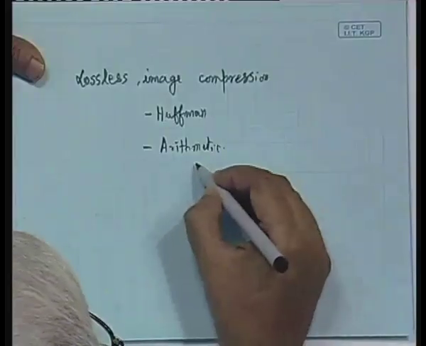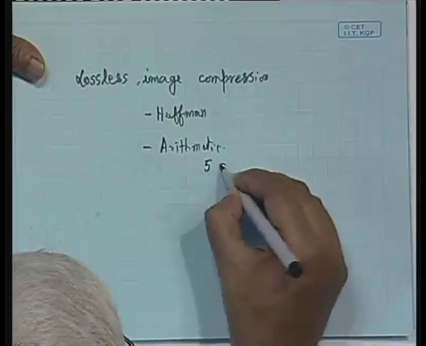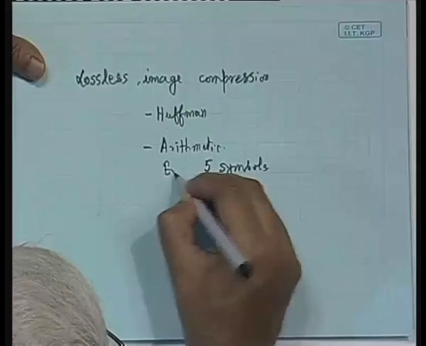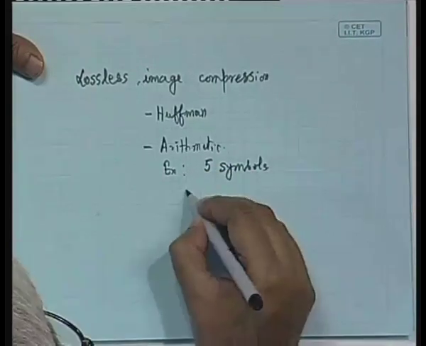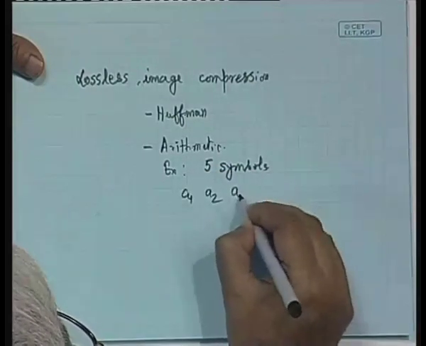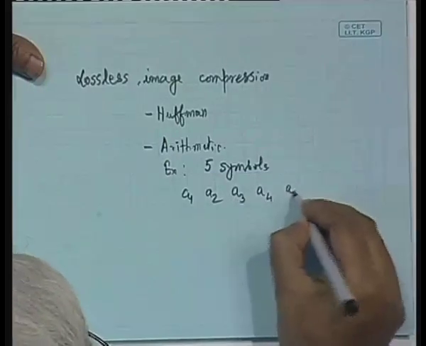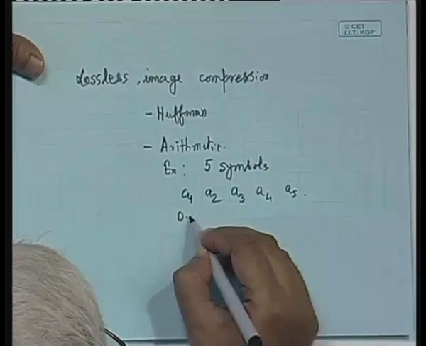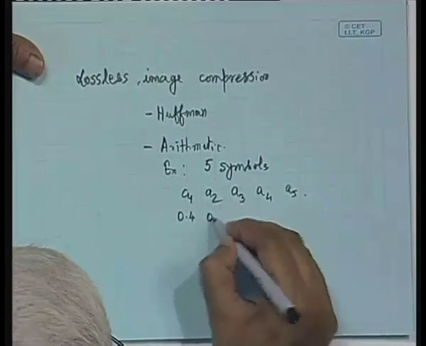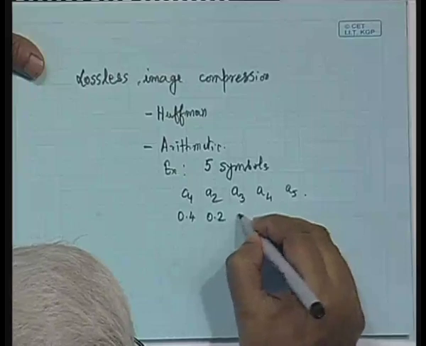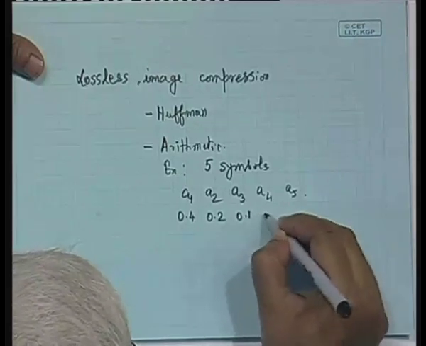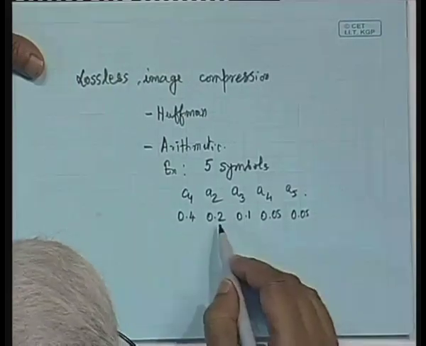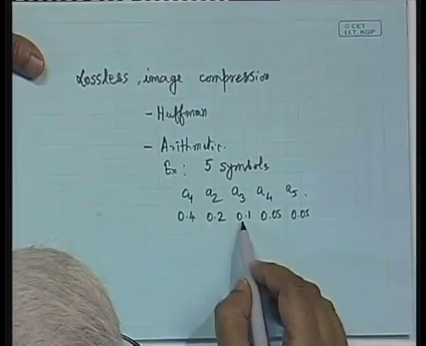Supposing we have, say, 5 symbols. As an example, the 5 symbols are A1, A2, A3, A4, A5, okay. Let us say that A1 has a probability of 0.4, A2 has a probability of 0.2, A3 has a probability of 0.1, this has 0.05, this has 0.05. Does it add up to 1? 0.6, 0.7?